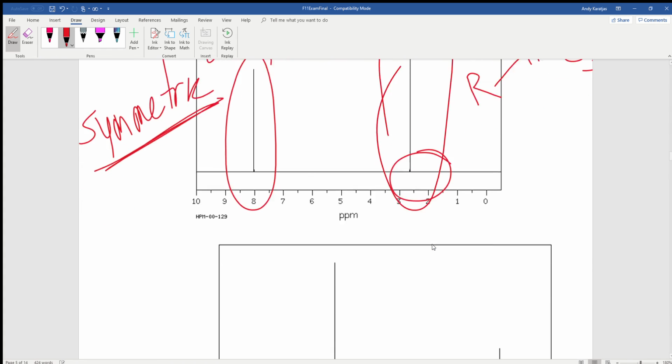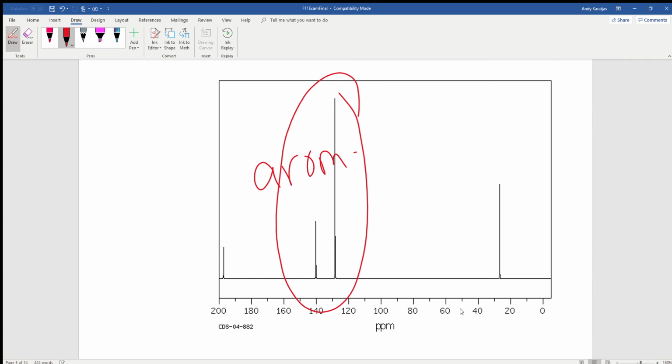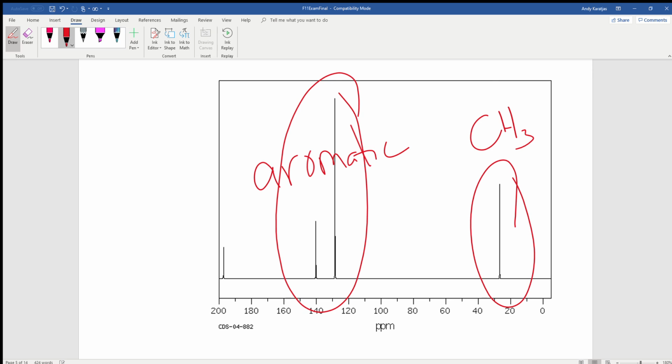So let's look at our carbon spectrum. Our carbon spectrum shows us 4 peaks. Again, a very small number of peaks in relation to the 10 carbons we have in our molecule. But we see now 2 aromatics. So again, we know our aromatic ring has to be highly symmetric. We see what looks like a methyl at the end of some sort of chain, but next to something slightly electronegative.